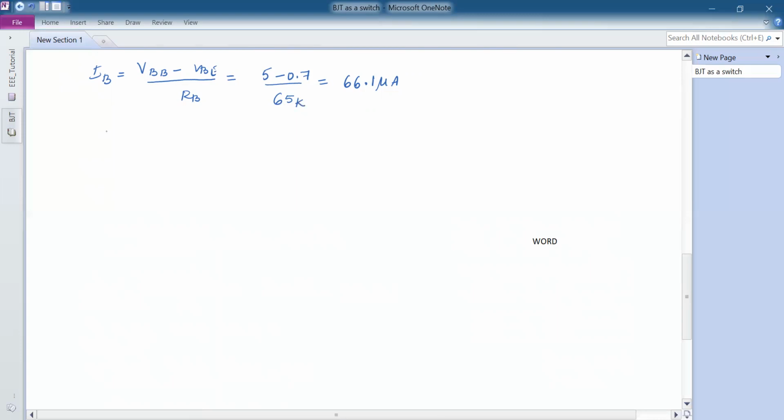And with that, the collector current would be 8.27 milliamps.